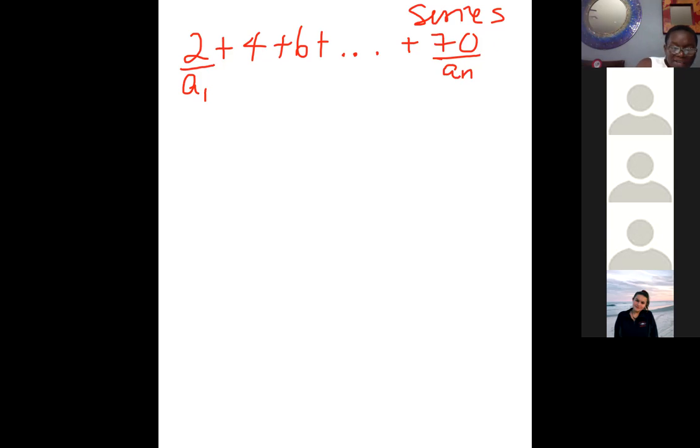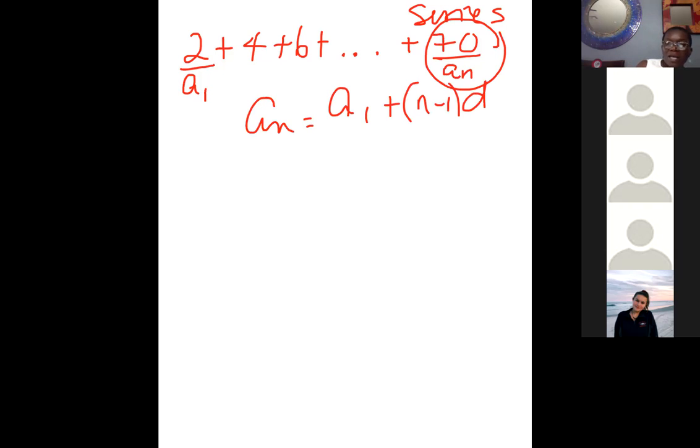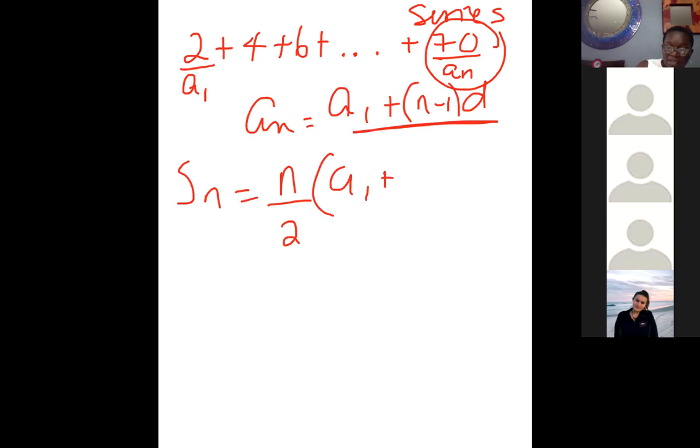So they give you the nth term already. So you go into the a_n formula and you plug it in: a1 plus n minus 1 times d. Now, could you just have taken this and plugged it into the sum formula, n over 2 times a1 plus a sub n? A sub n is this. Could we just plug it into the formula?